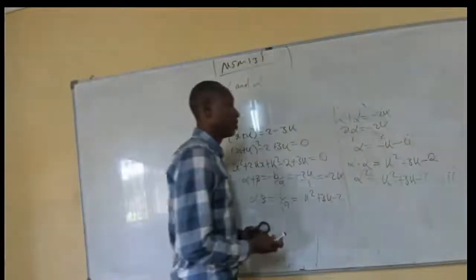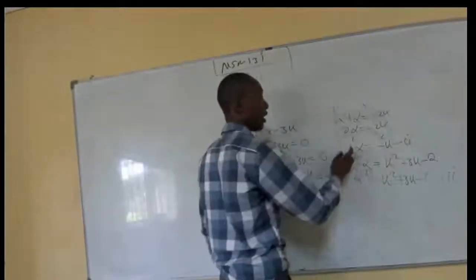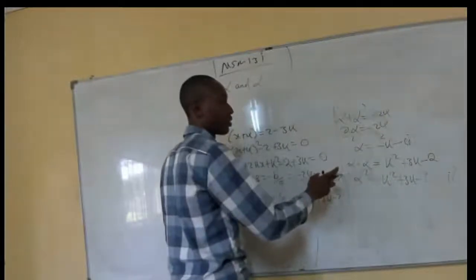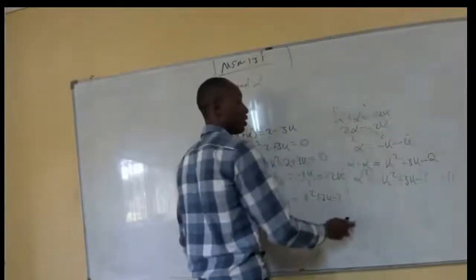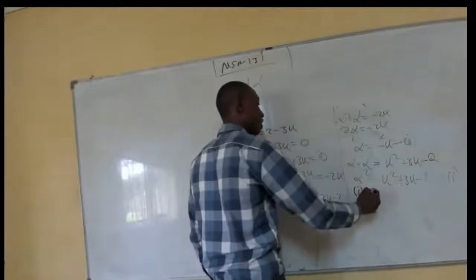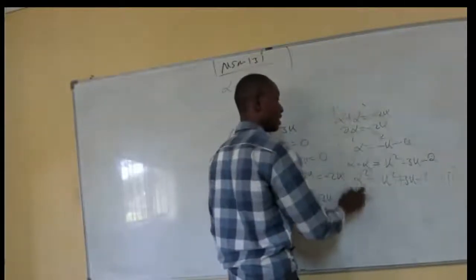From this, we know that equation 1 says alpha is negative k, so I'm going to replace it into equation 2.